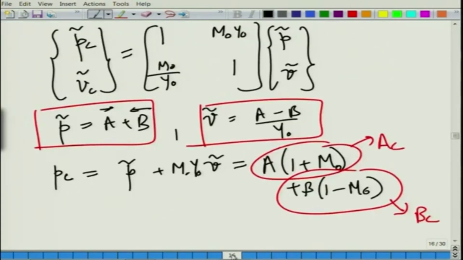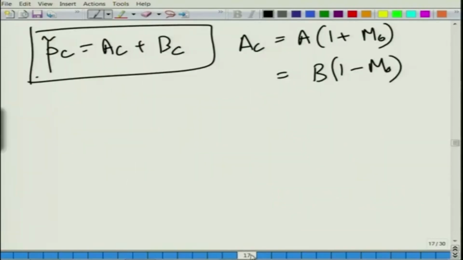You know, for a mean flow along the positive x direction, significance of this is that the waves that travel in the forward direction, they are strengthened by the mean flow m naught, and in the opposite direction it is natural that they will be weakened. Okay, they will be weakened. Now, similarly, what about Vc?